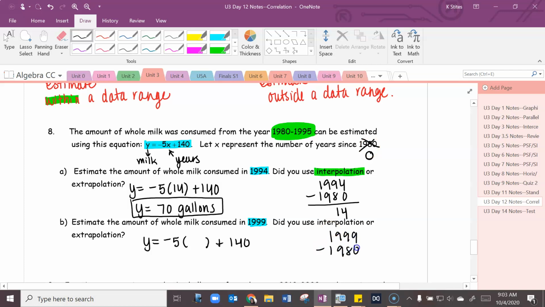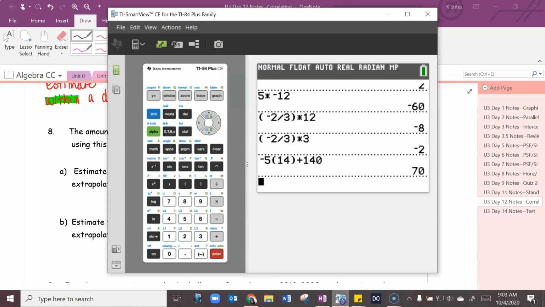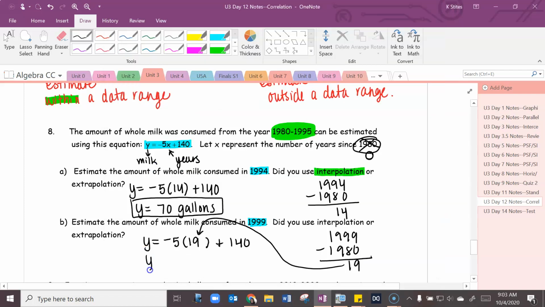And again, we're subtracting 1980 because that's what they told us X was, the number of years since. That's going to be 19 years. That's the number we're plugging in for Y, or excuse me, in for X. So -5 times 19 plus 140. And that gives us 45 gallons.